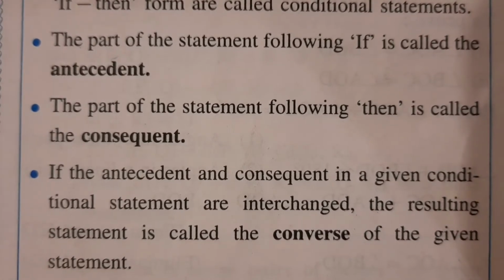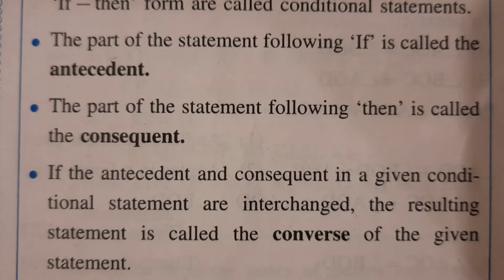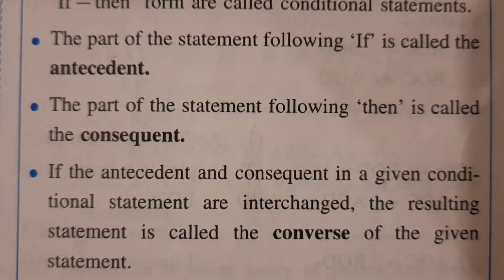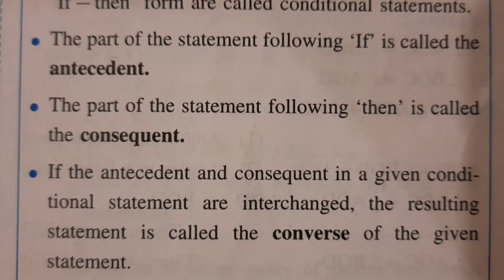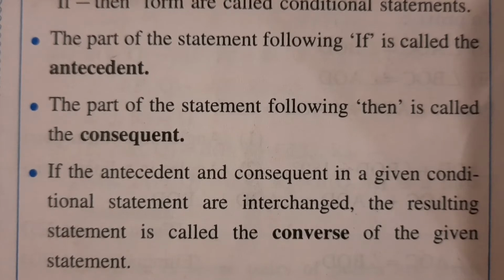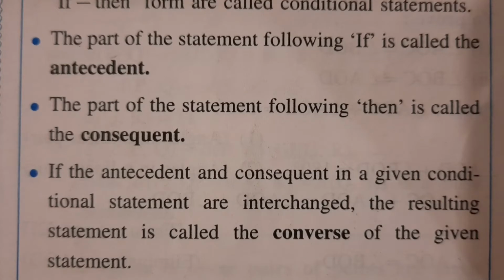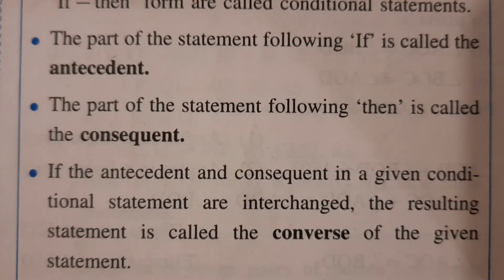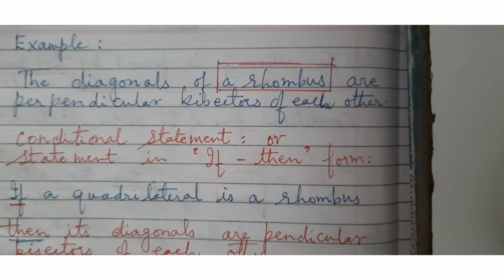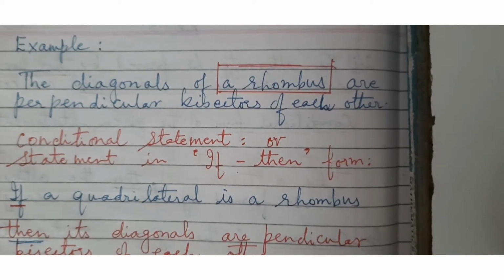I hope you got an idea of what a conditional statement is. A conditional statement is nothing but a statement written in the if-then form. Let us take examples from exercise 1.3 to make these concepts more clear. Let us see one example before we start exercise 1.3.